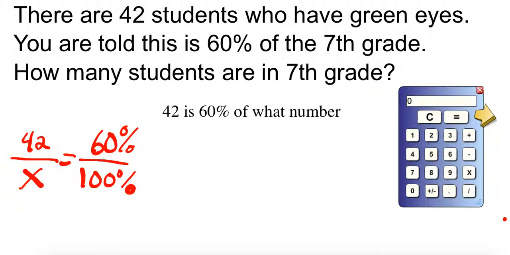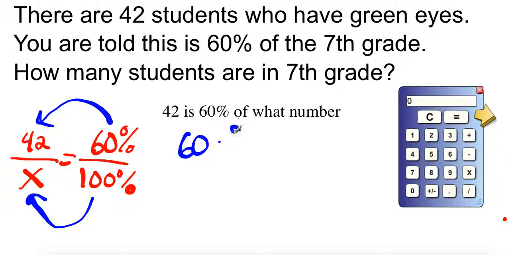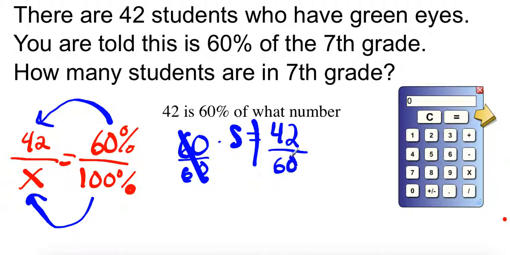So again, just like last time, I'm going to use scale factor in order to solve this problem. The first thing that I'll do is draw my arrows. I always draw it towards the variable. Now I know that 60 times something will give me 42. If I solve using scale factor, I'll divide both sides by 60.